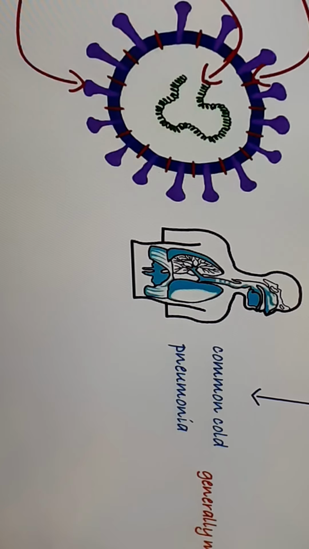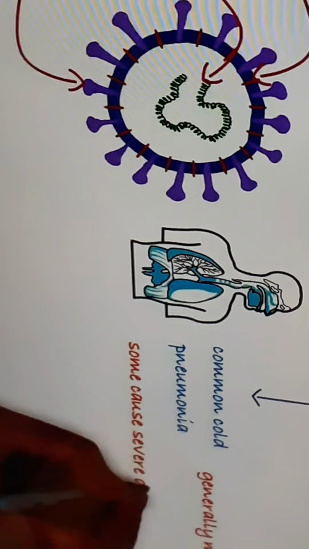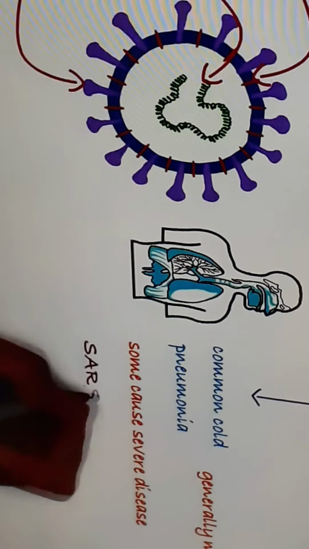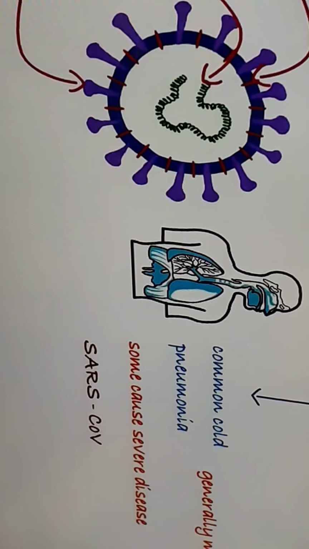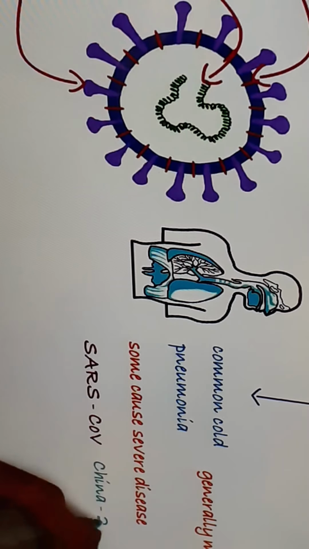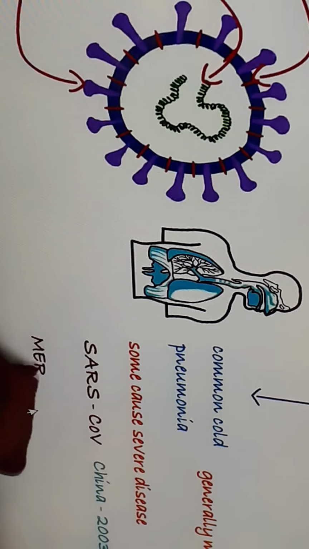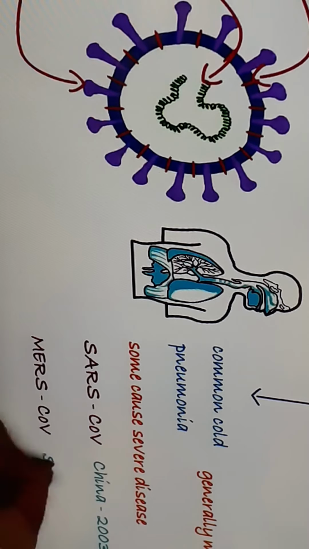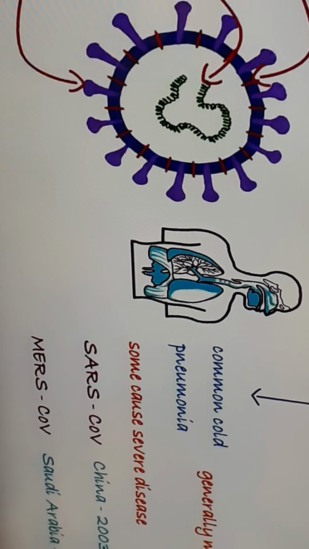However, there are some types of coronaviruses that can cause severe disease. These include the severe acute respiratory syndrome coronavirus, first identified in China in 2003, and the Middle East respiratory syndrome coronavirus that was first identified in Saudi Arabia in 2012. The 2019 novel coronavirus was first identified in China.